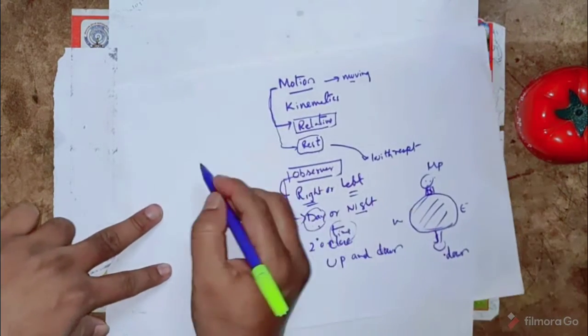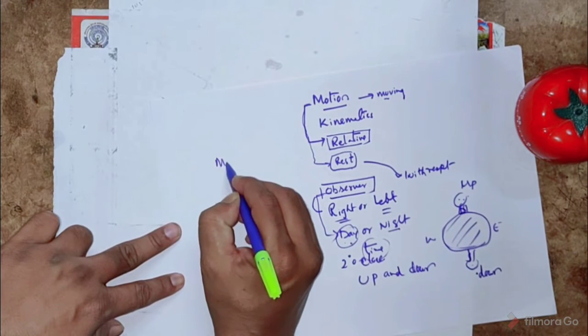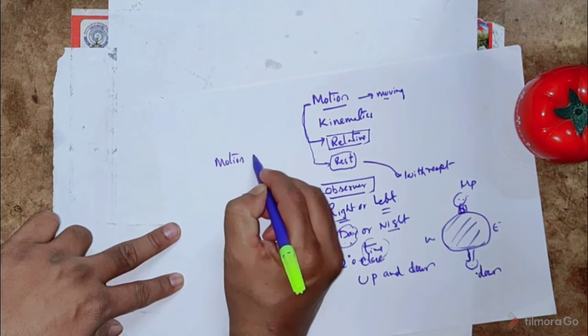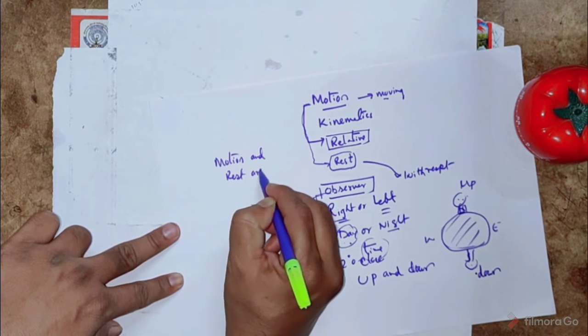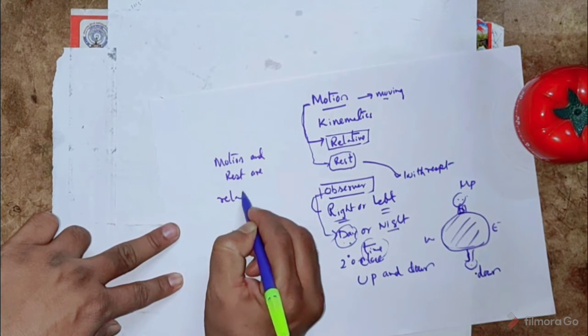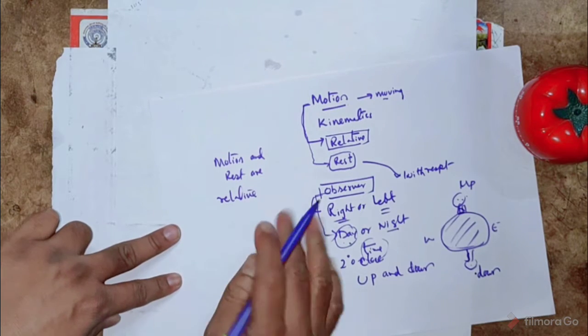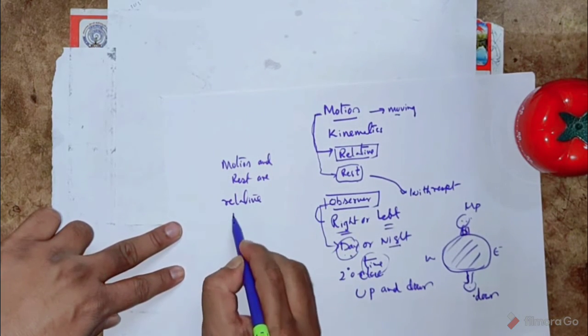So basically we can say that motion and rest are relative terms. Very important, the term relative. Motion and rest are called relative terms.